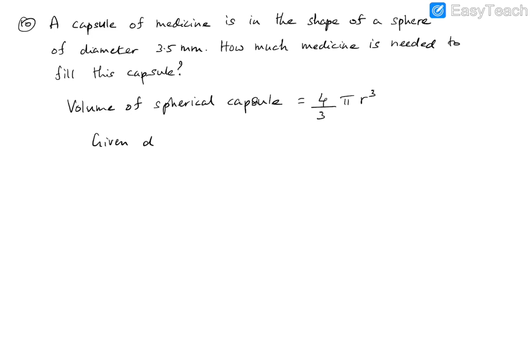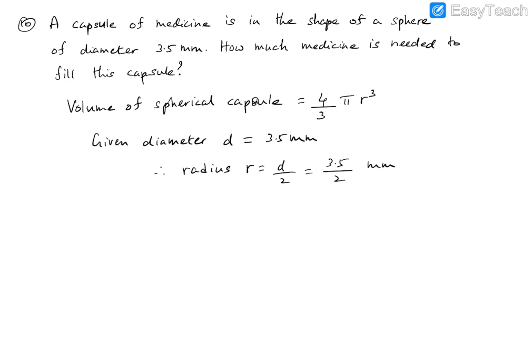We are given the diameter, so from the diameter we can calculate what is the radius. So given diameter d equals 3.5 millimeter, therefore radius r is going to be half of the diameter, which is d/2, which is 3.5 divided by 2 millimeter.